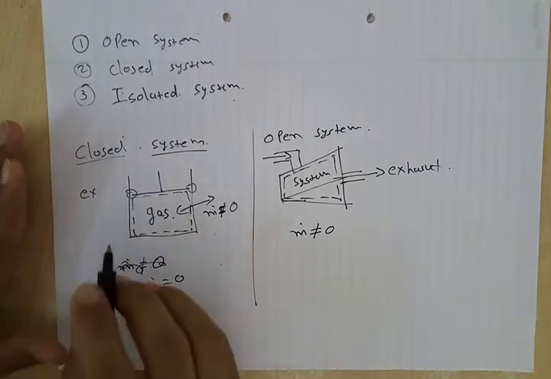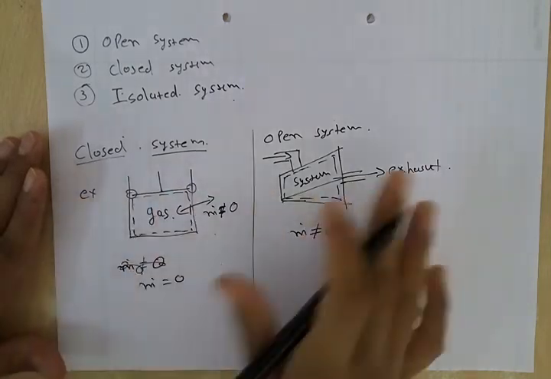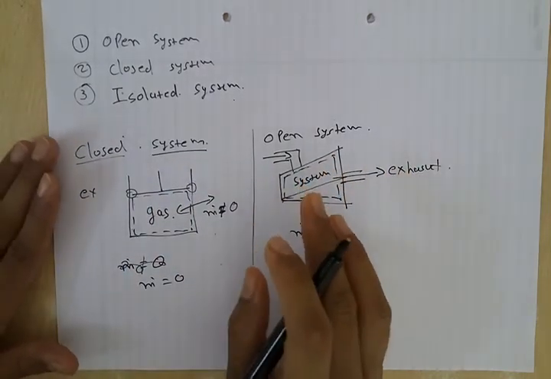So most of the systems which are important for engineering application are described by these two types of categories.